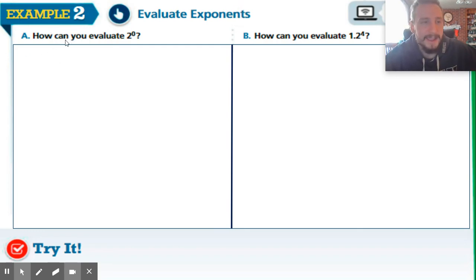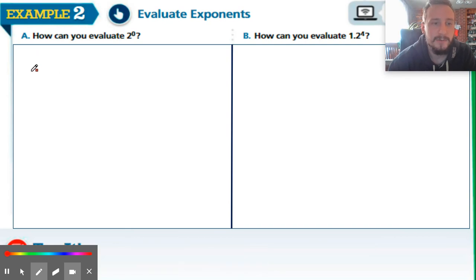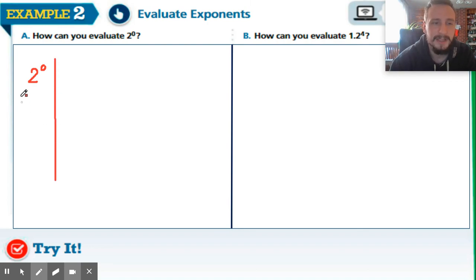Letter A here says, how can you evaluate 2 to the power of 0? Before we actually answer that, let's look at 2 to different powers and see what it really is telling us. 2 to the power of 0, we'll come back to that, but let's solve some other ones.